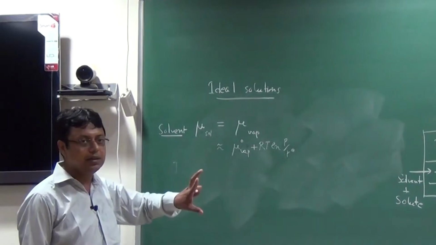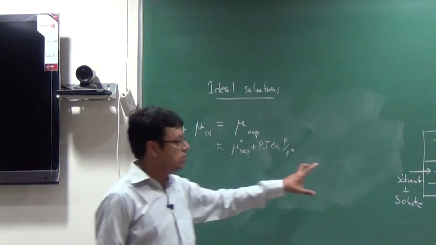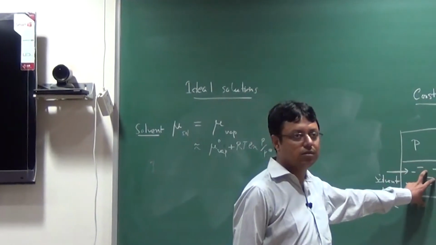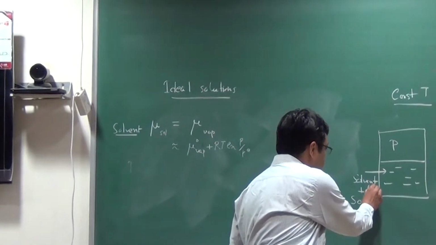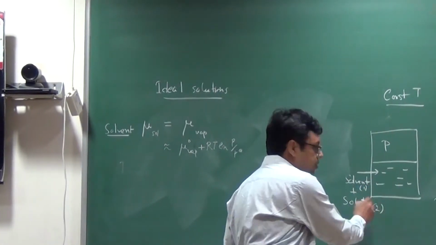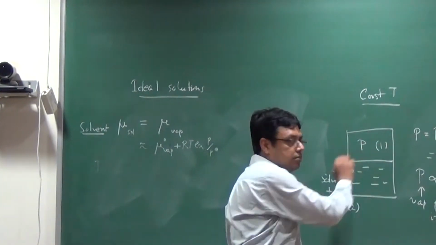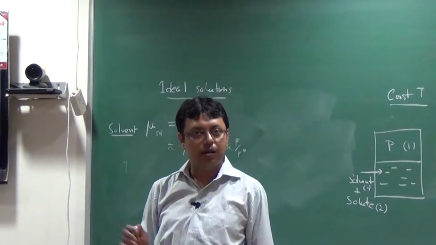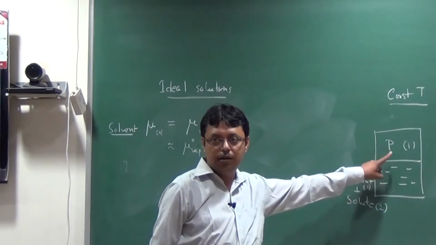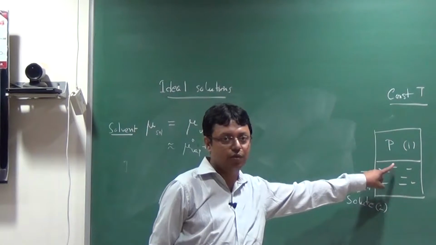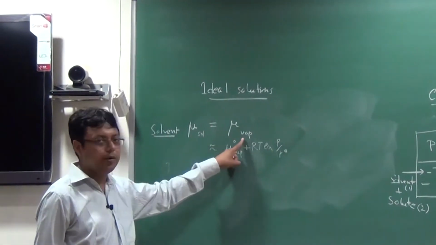What I did is say that at equilibrium I have basically two things: the solvent, which I denote as 1, and the solute, which I denote as 2. But in the vapor I have only 1, not 2. So the chemical potential of 1 is the same in the two phases, in solution and in vapor.